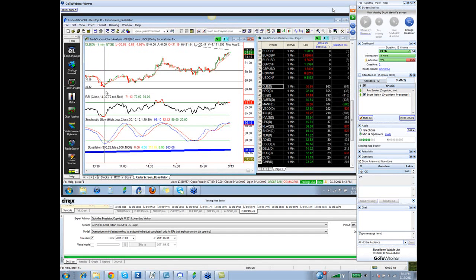We got a precise entry at a stochastic crossover after having made a new low for the day. We minimized our risk. We're talking about a situation here with a risk of, let's say, 20 cents and a possible gain of 40, 65 cents or something like that. So a 3-to-1 risk to reward ratio or better.